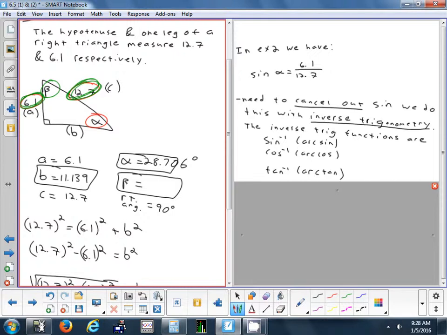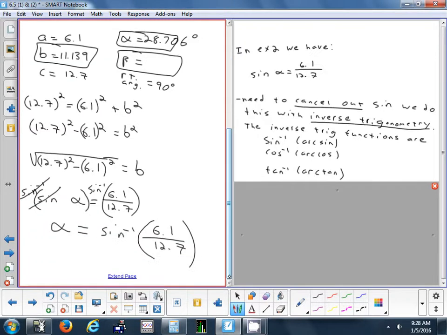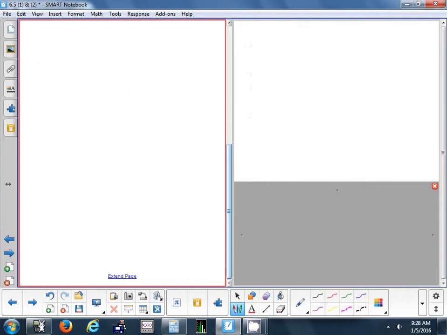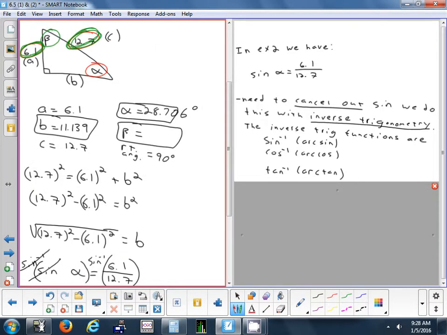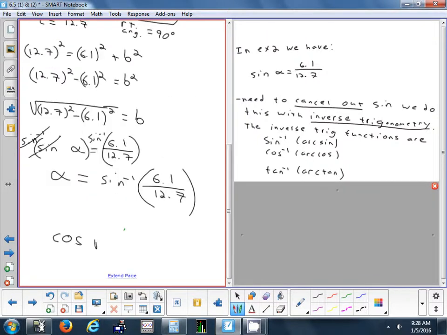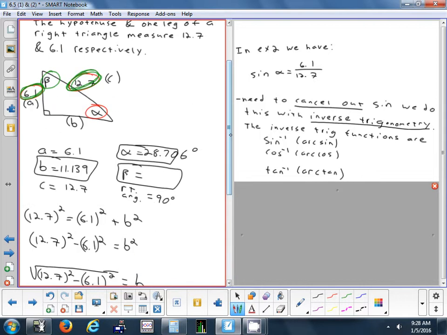I'm using adjacent and hypotenuse, and that's why I had cosine written on the other page. So cosine of beta equals adjacent is 6.1, hypotenuse 12.7.